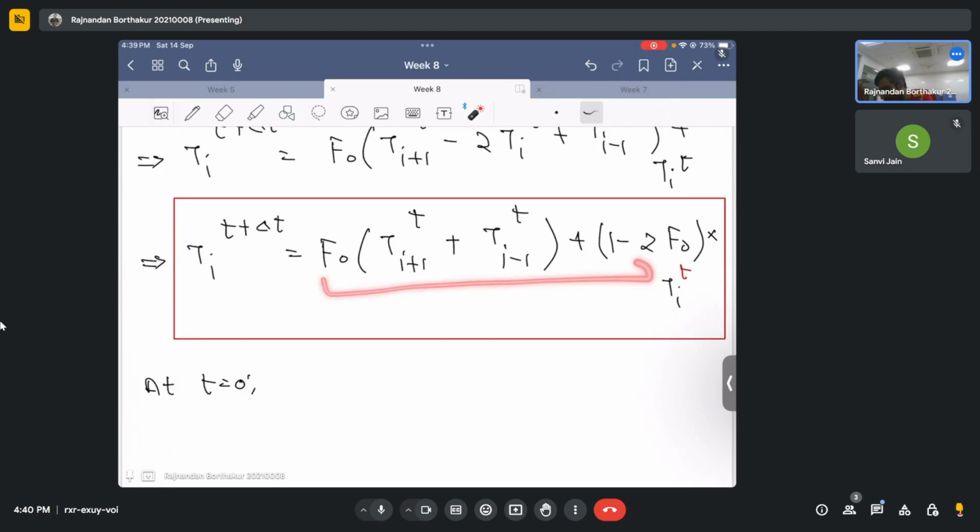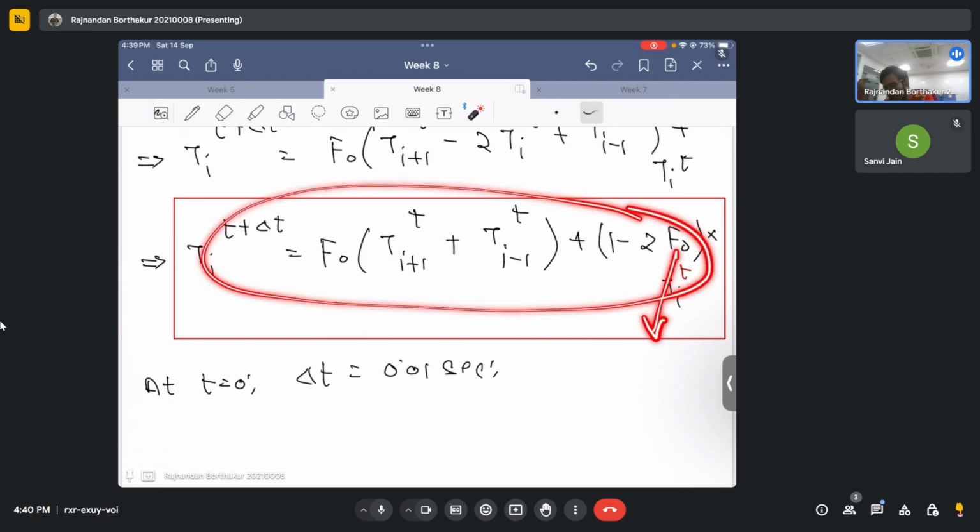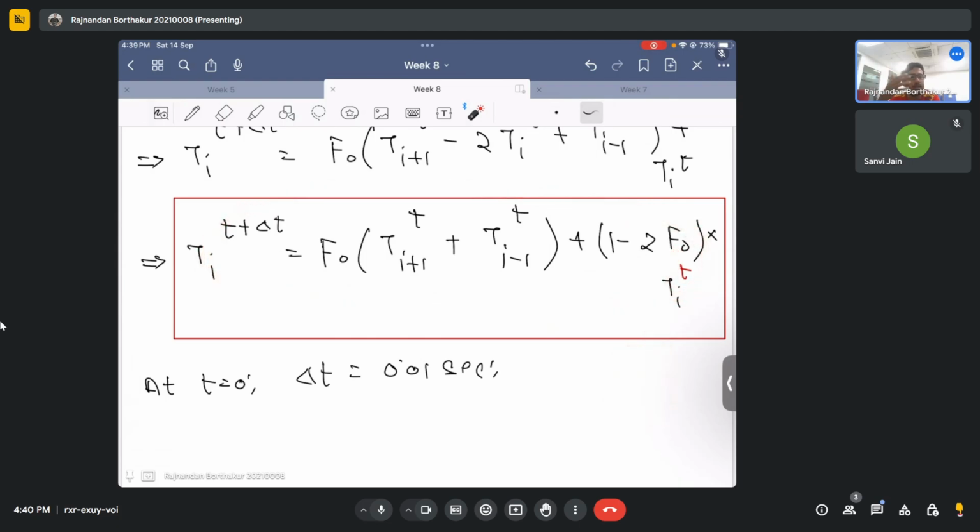Now, if I choose delta t as, say, 0.01 seconds, then using this expression, the Fourier number is known, because you know delta x and delta t. Delta x is the difference between two grid points that you decide on your own, and delta t is the difference between two time steps that you also decide.